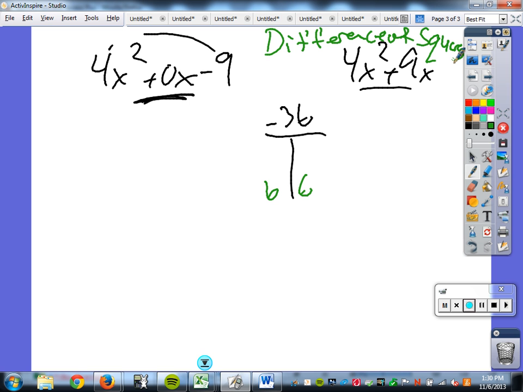Alright, so I'm going to rearrange it. How am I going to write it? Anyone want to share how they want to write it? Go ahead. It doesn't really matter if I did 4x squared plus 6x minus 6x minus 9. I could have done that.